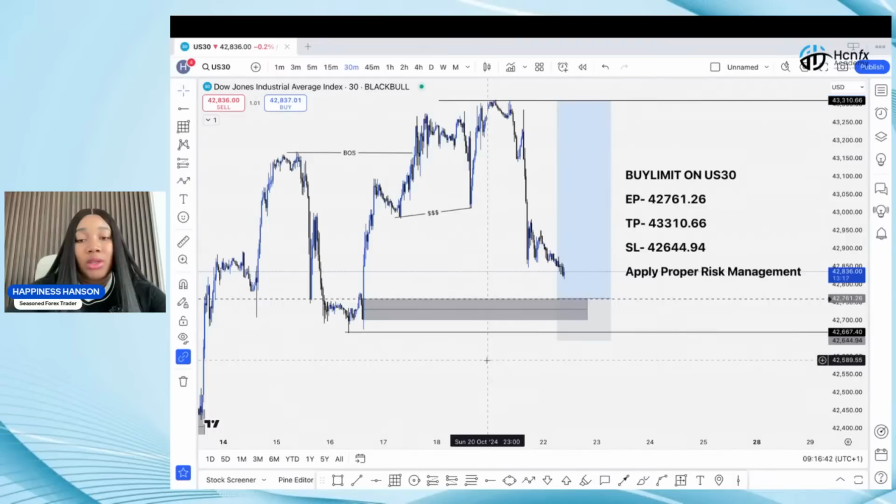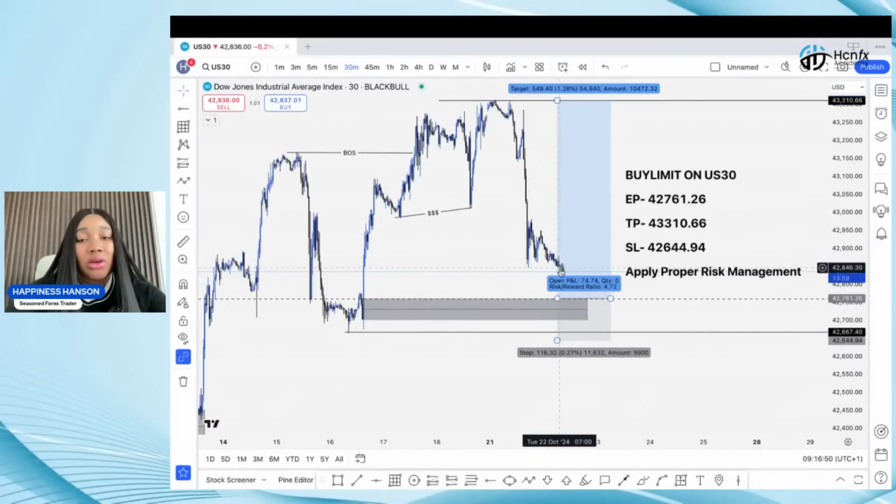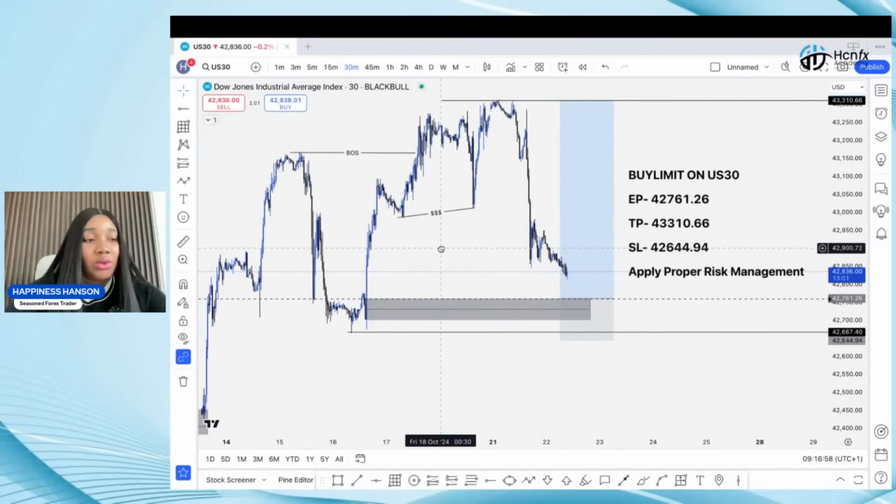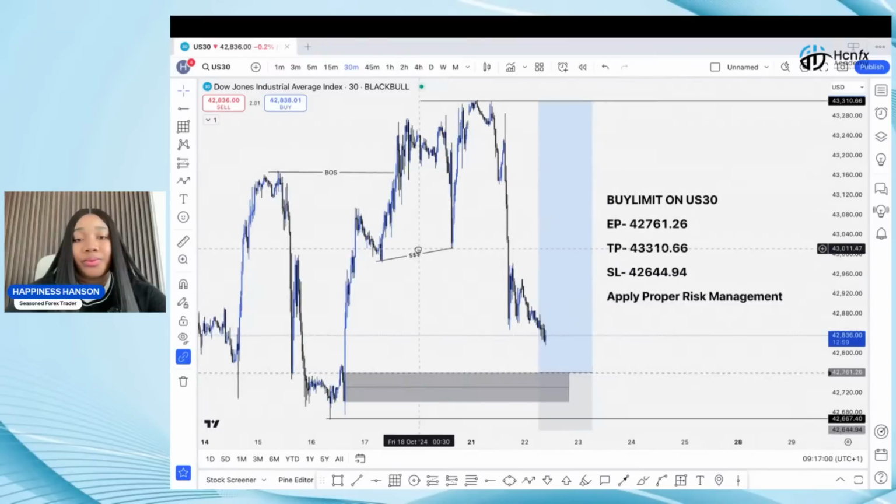The alert will be here for those that would want to take a confirmation entry. You can see market is very close and it's coming in gently. So we have every reason to buy here. Don't miss out on this particular buy. US 30 traders, don't miss out.